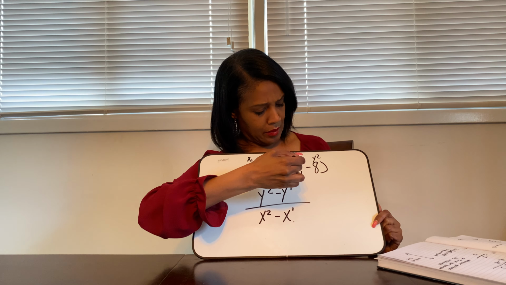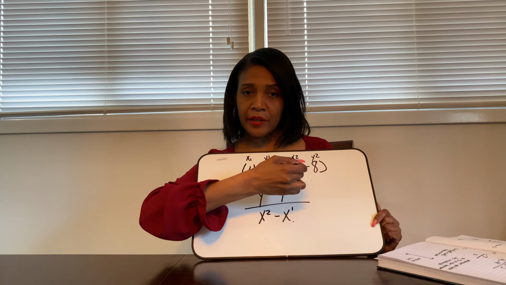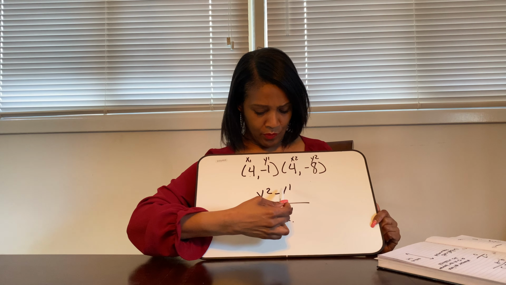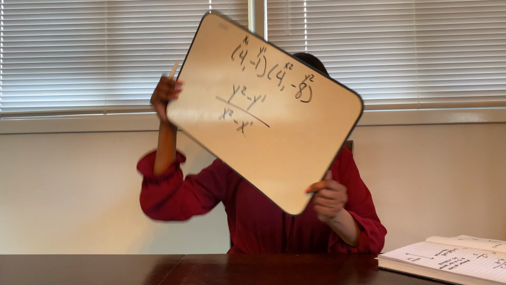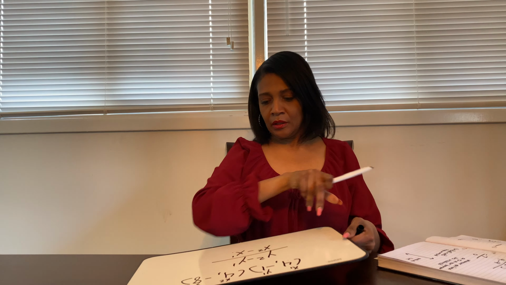The 4 over here is x2, so I would plug it in here, and so on for the top row. y2, noted, is here, -8, and y1 is noted here with -1. So I will let you go ahead and plug those in.